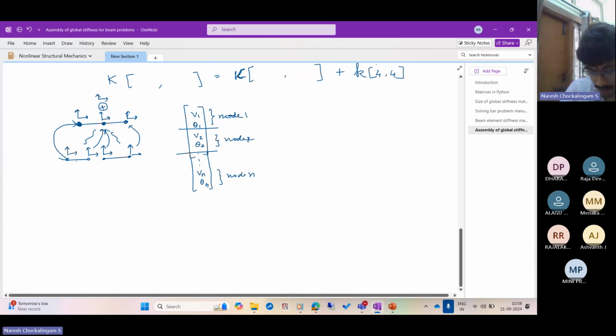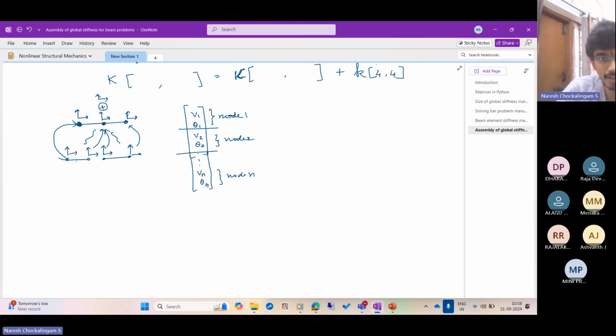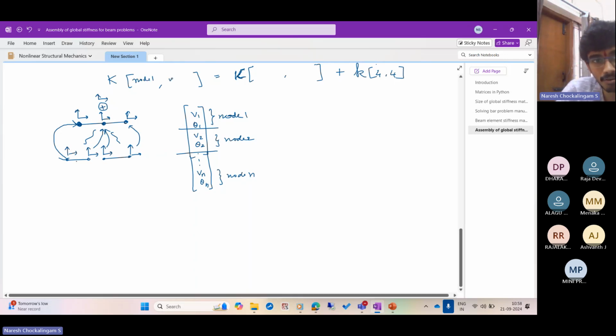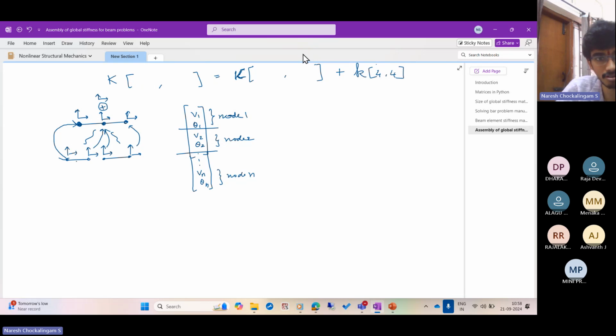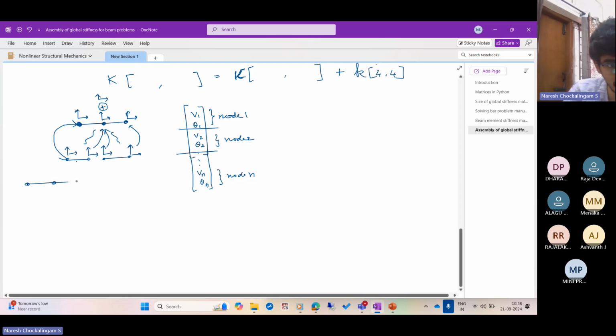Last time what we did was k of node 1 comma node 1 is k of node 1 comma node 1 plus k of 1 comma 1, something like that. But this time we can't do that because every node contributes. So how do we do it? If you take the system of 3 bars, in the first element, let me put small k of 1,1. It goes to where?